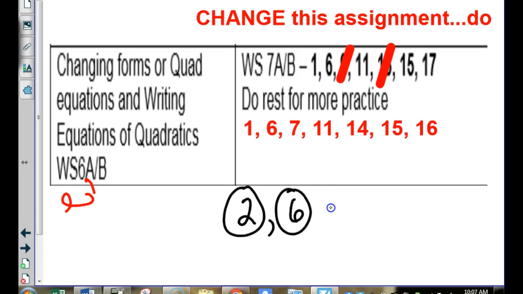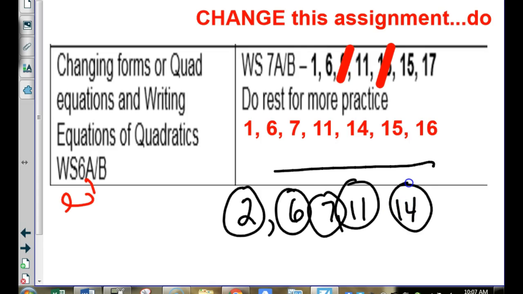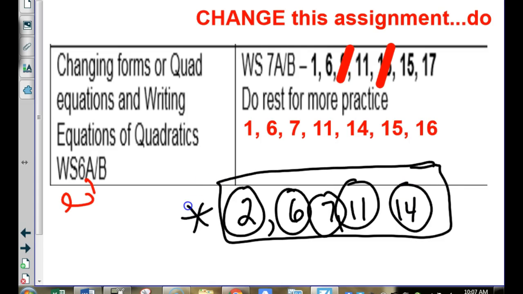And 7 and 11 would be fine. 14 will be a challenge, but look at 14, and that's it. Okay, these 5 questions. 2, 6, 7, 11, and 14. Thank you.